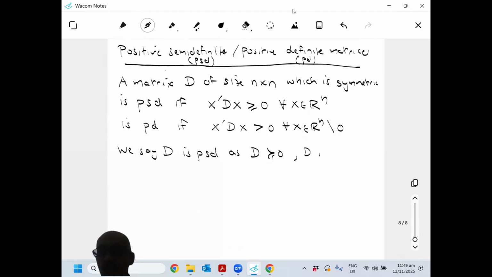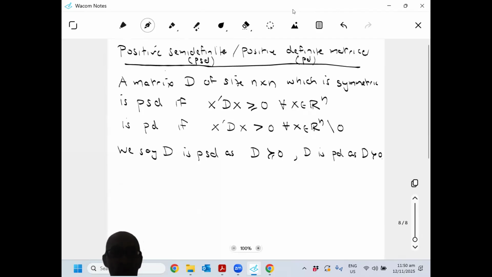And you say D is positive definite with the strict version. If you want, you can think of it as non-negativity and strict positivity in Rn, but done over matrix spaces. Of course, this is not a simple operator because it has something to do with eigenvalues.